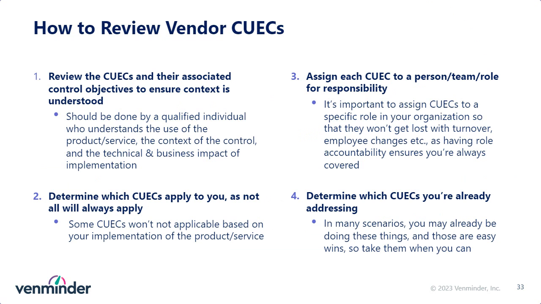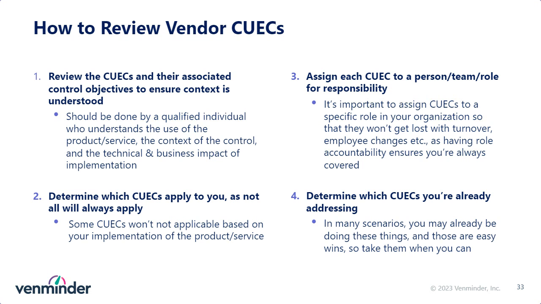Okay, so you found the CUEs, but now what do you do with them? Ultimately, you want to review those CUEs and their associated control objectives to ensure that you understand the context. You want to make sure that a qualified person is doing that work. And then you want to determine which CUEs apply to you. Not all of them will, so you want to make sure you're narrowing it down right away to the ones that are actually applicable to you based on your implementation of that product or service.